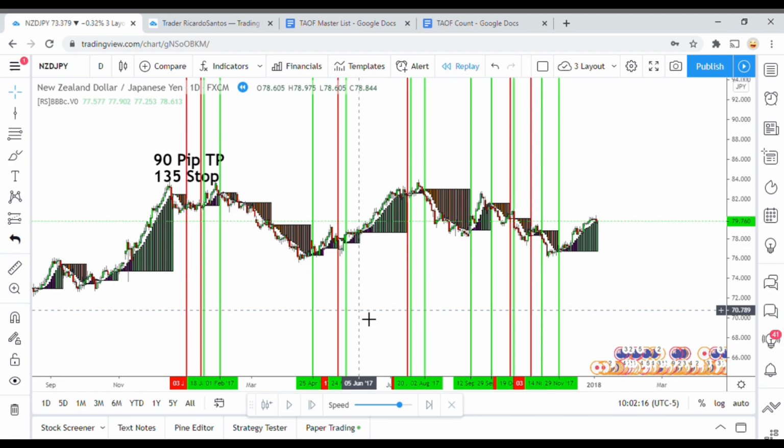It seemed like it was sometimes a little late in getting us in, but all in all, it seemed really decent. It seemed like we could very likely work with it, especially if we filtered out some of the choppiness, some of those times when we got whipsawed in and out really quickly.